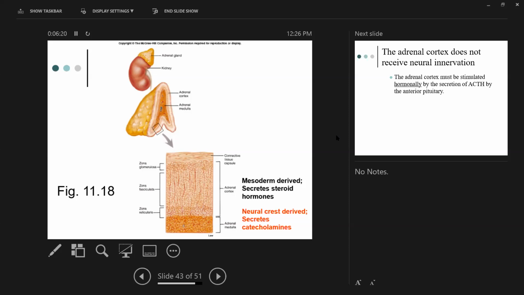Each of these are going to play a specific role in the signaling done by the adrenal cortex. So the first thing ACTH does is it binds to all 3 receptors and all 3 layers, and it causes these cells to take up cholesterol from the blood.